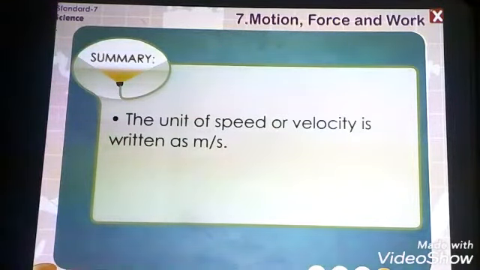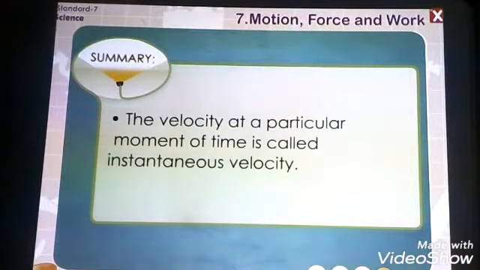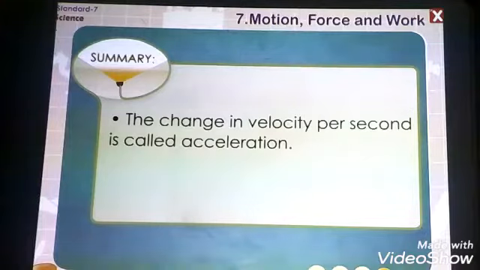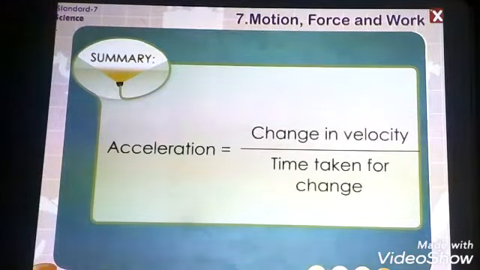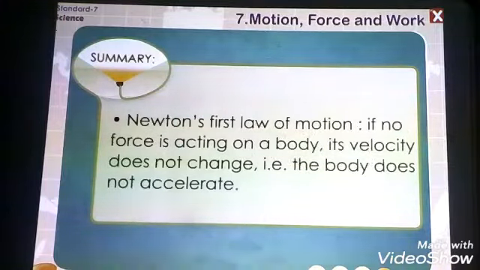The unit of speed or velocity is meter per second. The velocity at a particular moment of time is called instantaneous velocity. The change in velocity per second is called acceleration. Acceleration is equal to change in velocity upon time taken for the change in velocity.